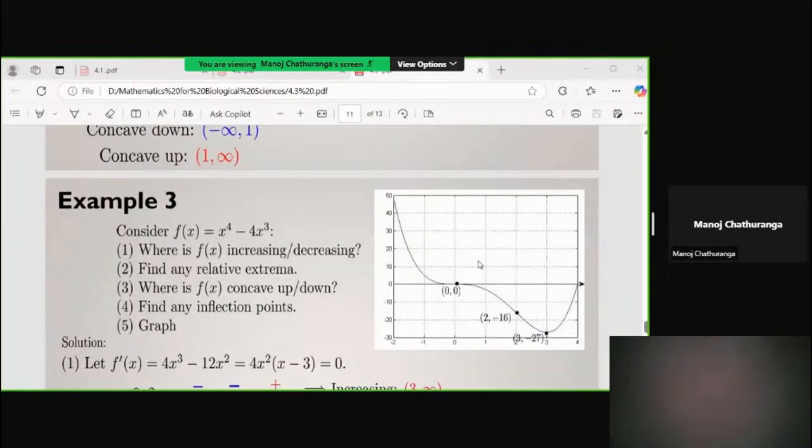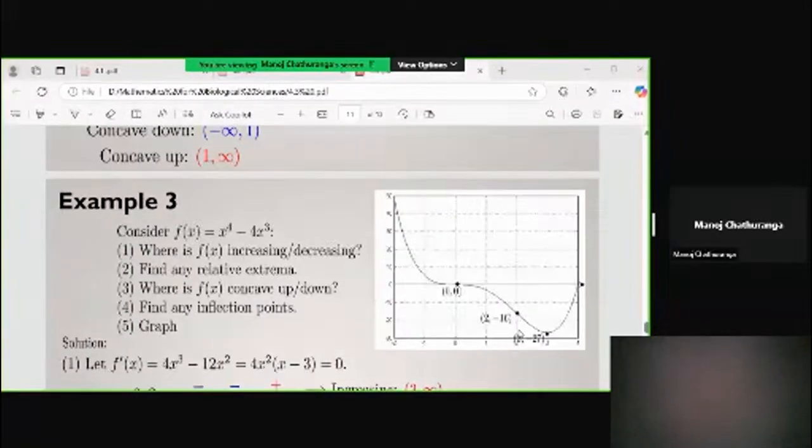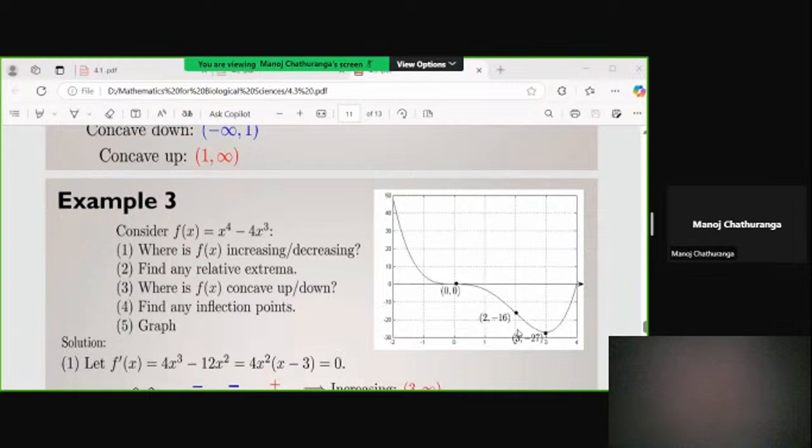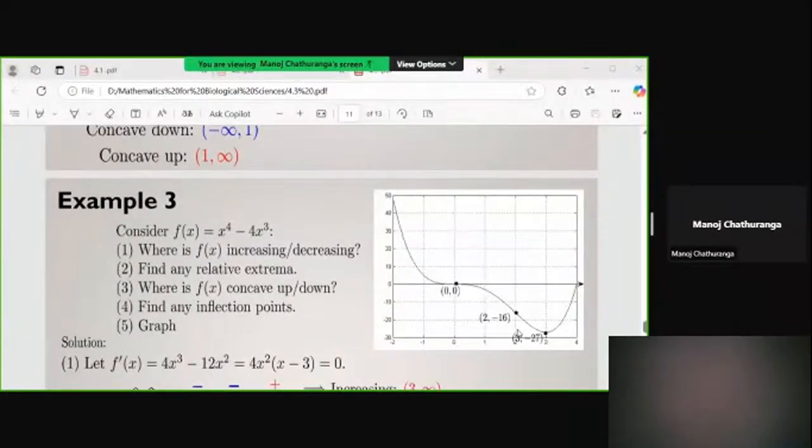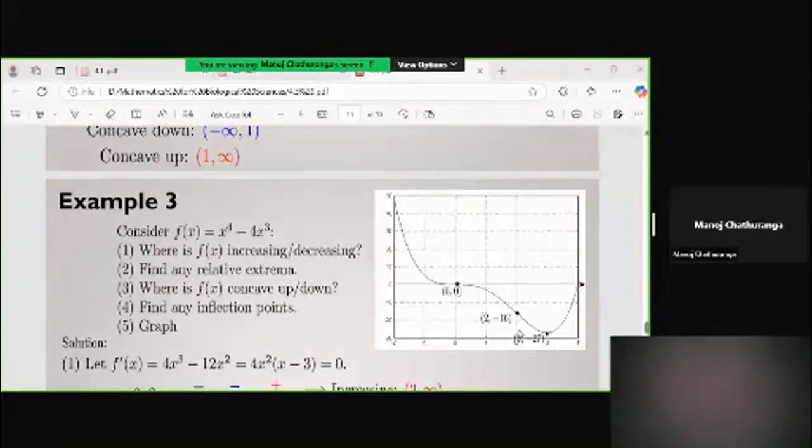Even without the graph, if the graph was absent in the picture, we could actually draw the graph of this function very easily. Once we know all the extreme points, the nature of the extreme points and the concavity, we can put things together and draw the graph.